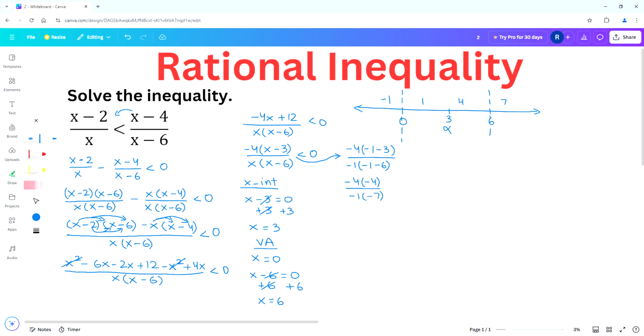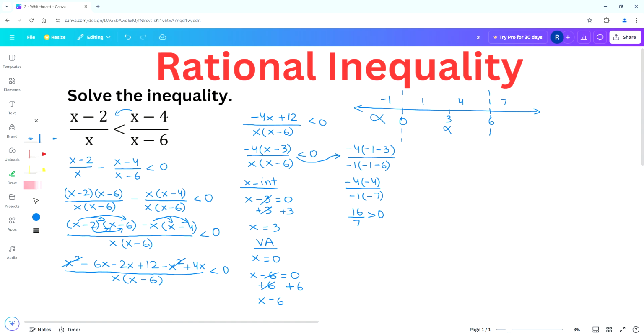In the numerator, -4 times -4 is positive 16. In the denominator, -1 times -7 is positive 7. This fraction has a value greater than 0. That means the inequality is not satisfied in the interval to the left side of 0.